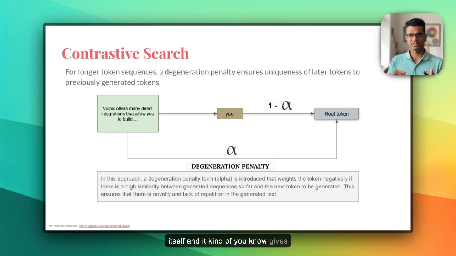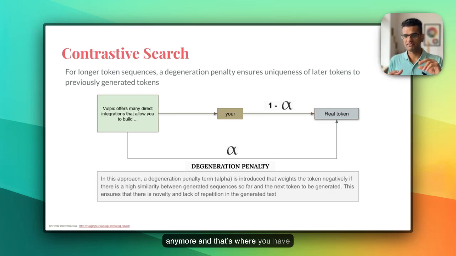It gives you the same tokens again and again, and that's typically a result of the way greedy search and beam search work. This is called degeneration. That means that when the text gets longer, it starts degenerating because it is not making sense anymore.